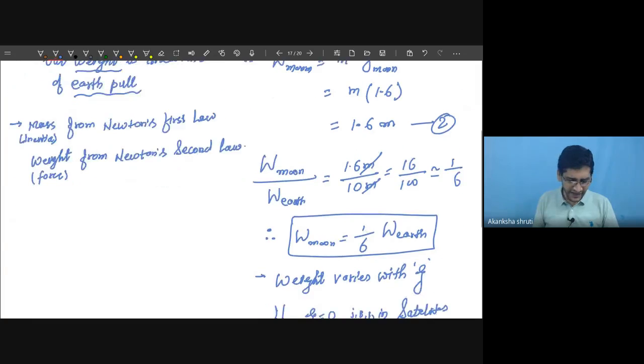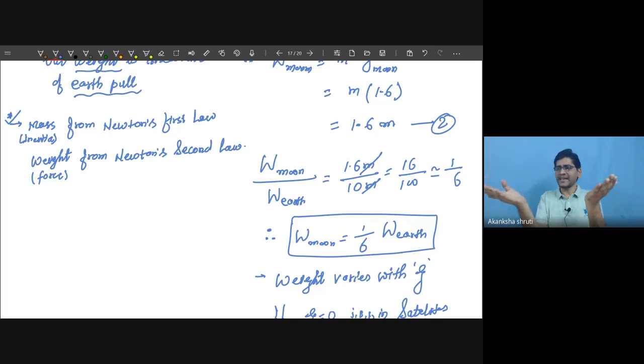Now coming to the measurement. You are going to the vegetable shop and you are asking for 1 kg of potato. Which kind of device is the shopkeeper using? He is using a plain balance where he is placing 1 kg on one pan and 1 kg of vegetable on the other pan.